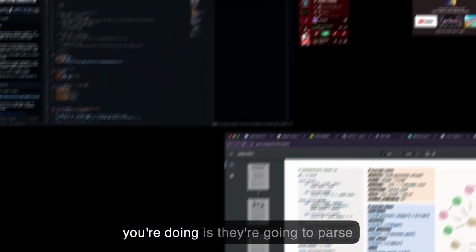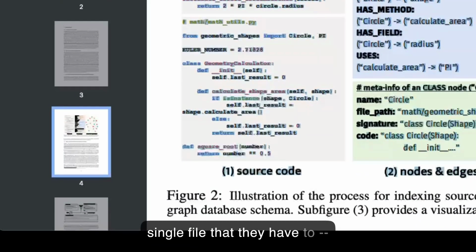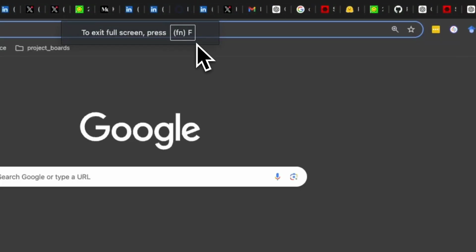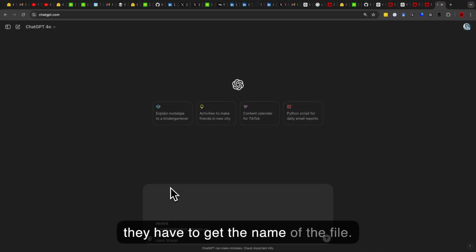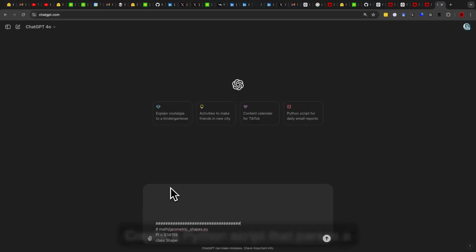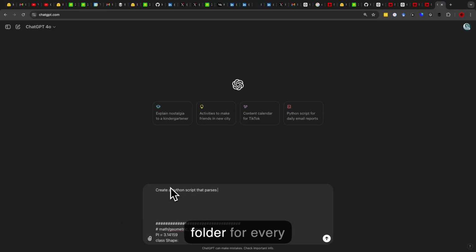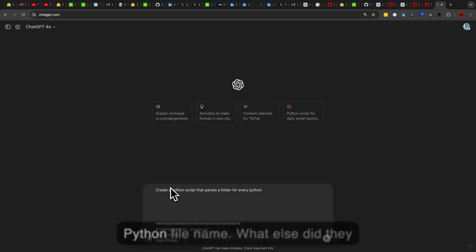So basically what they're doing is they're going to try and parse every file that they have to get the name of the file. Create a Python script that parses a folder for every Python file name.